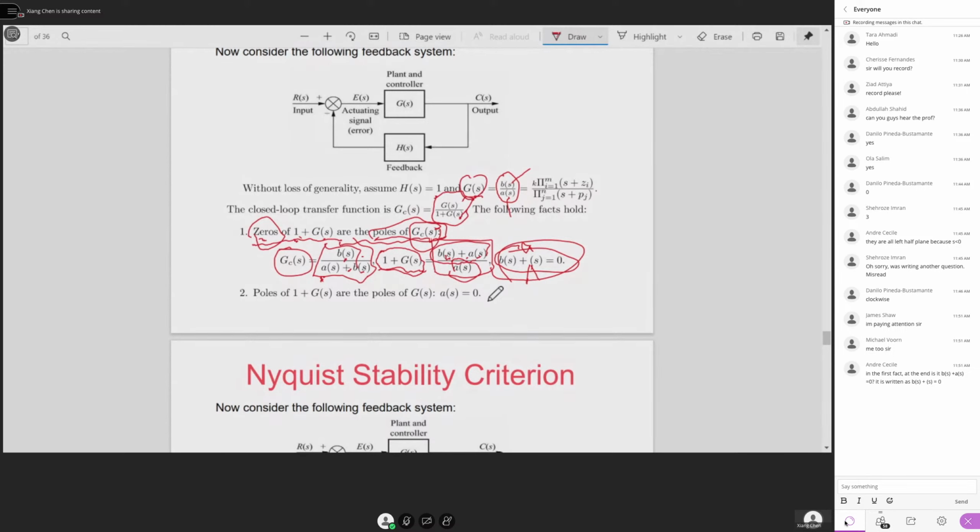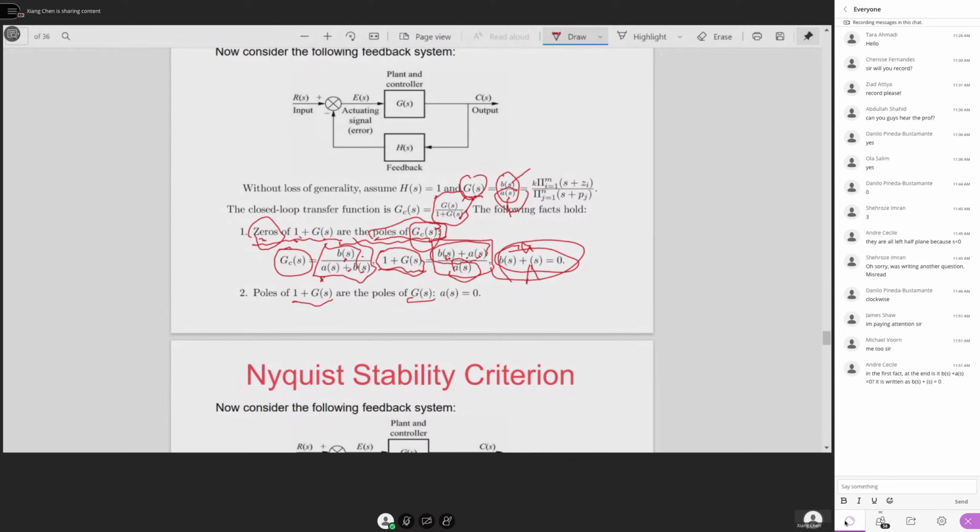So the second fact I've already stated, because I said that G of S and 1 plus G of S share the same denominator. That's why they share the same poles. But just be careful: these poles are the poles of G of S, which is the open loop system.